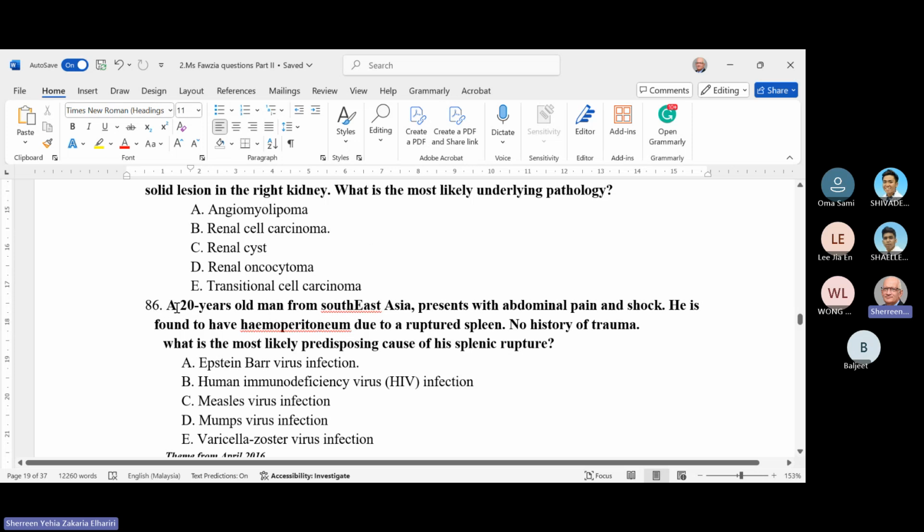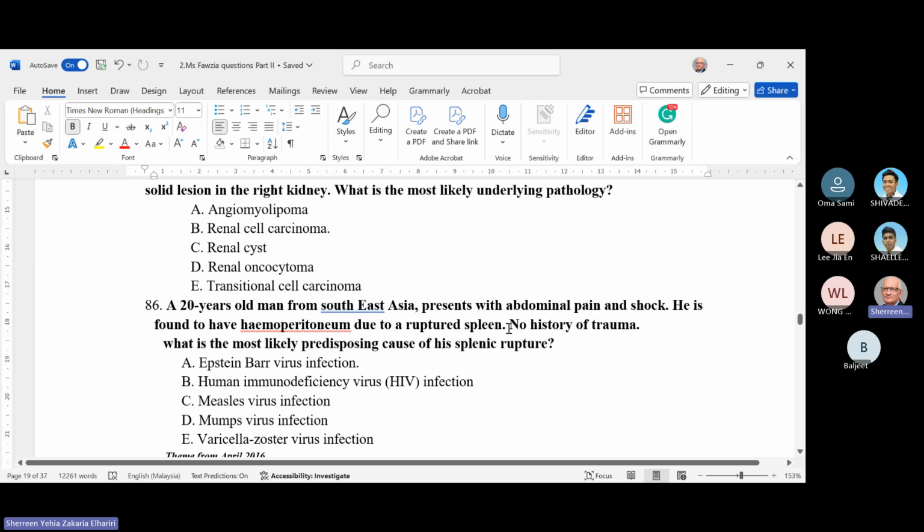Next question: a 20-year-old man from Southeast Asia presented with abdominal pain and shock. He was found to have hemoperitoneum due to a ruptured spleen. Although it is not common nowadays, what is written in the book is that in Southeast Asia, including Malaysia, Thailand and all these countries, patients can have rupture of the spleen.